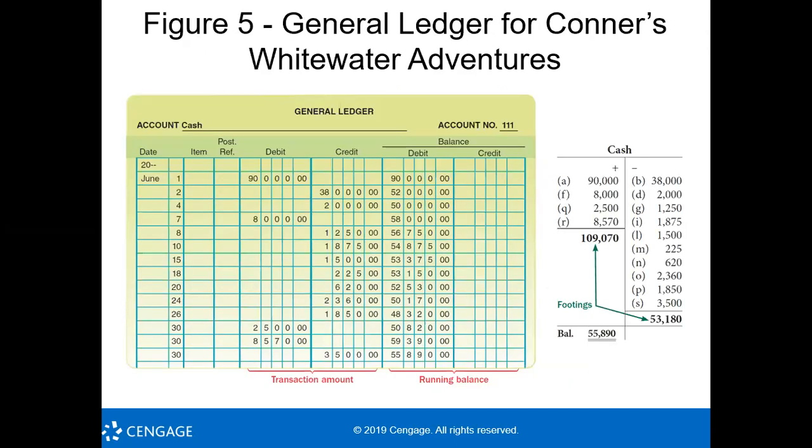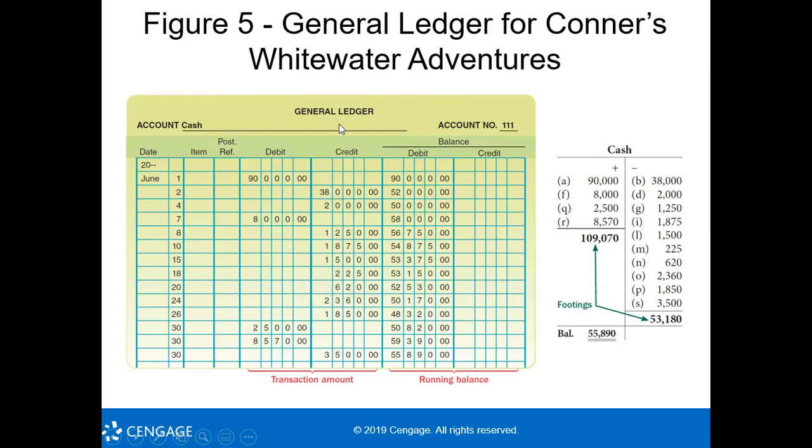Here's an example of the general ledger, and this is for cash. You see the T account, we've got debits. Obviously, debits increase cash. Credits are decreases to cash. Debits minus credits is the ending balance. The balance of an account is always a debit minus a credit. Then the ledger account you'll see here, we've got the debit column, and we see our debits here. We've got the credit column, and we see our credits here.